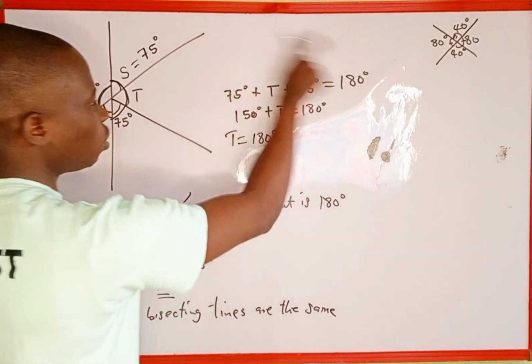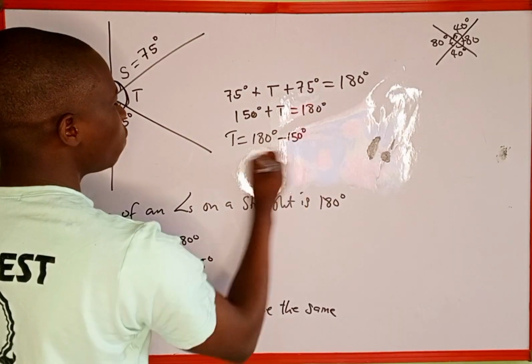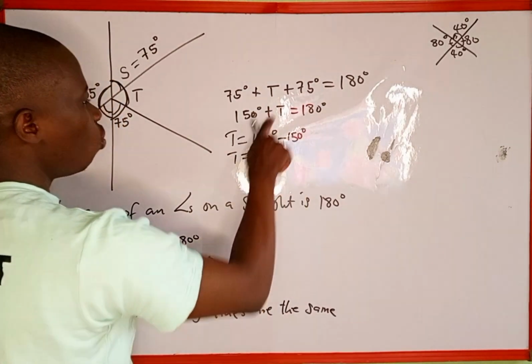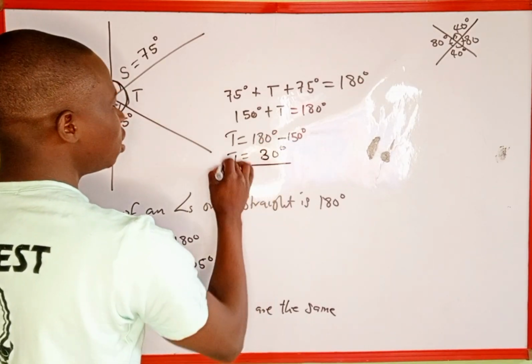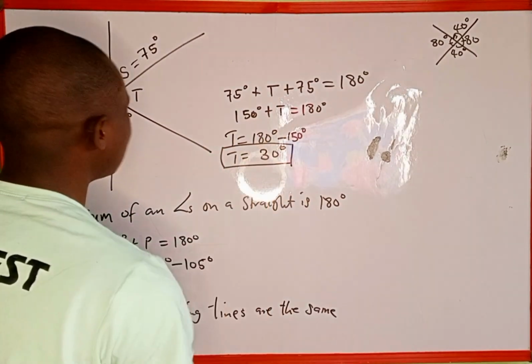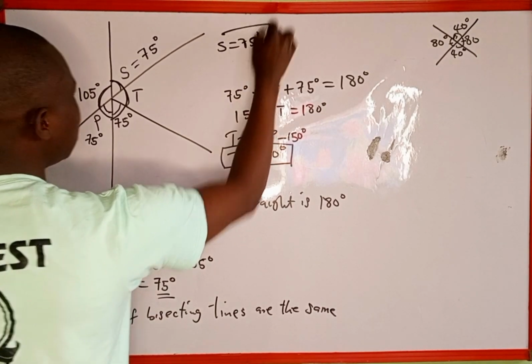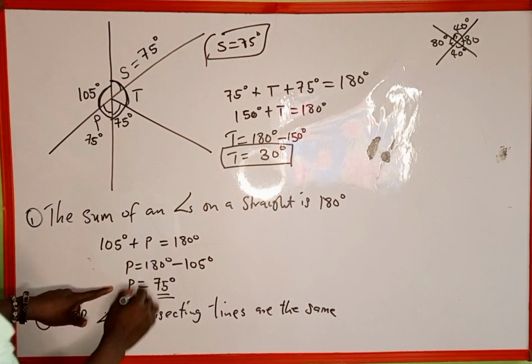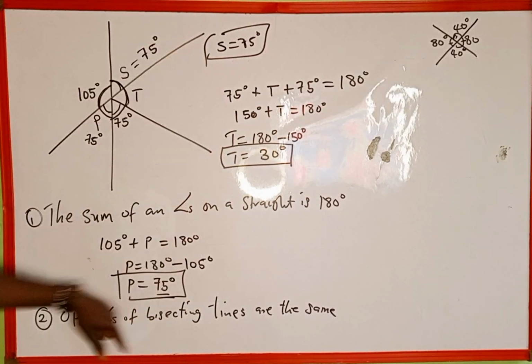When this 150 crosses the equality sign, it's going to change to negative 150 degree. So T now will be equal to 180 degree minus 150 degree, which is the same as 30 degree. So therefore, T is equal to 30 degree, S is equal to 75 degree, and P is the same as what? 75 degree. So these are the three angles we are asked to look for.